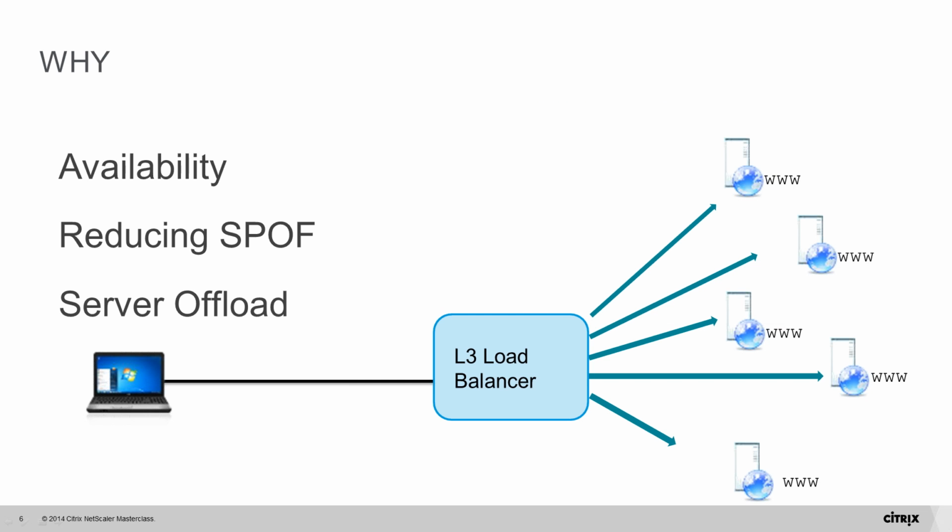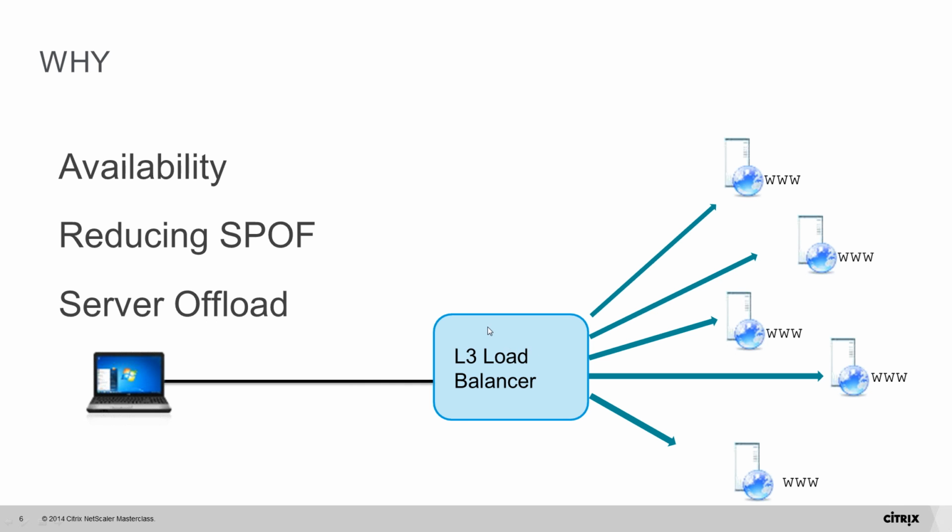Server offload is another reason why we use load balancing. This is where we start looking at the financial end of things, return on investment and that kind of thing. So usually, if you have a plain layer 3 load balancer just doing simple forwarding of traffic, it's not intercepting it, it's not doing any offloading.